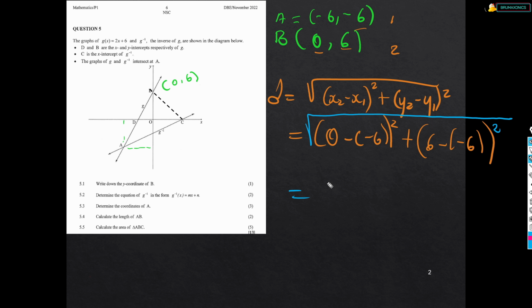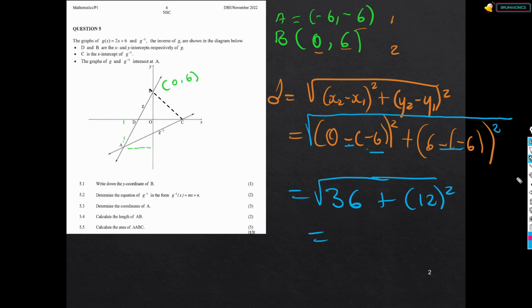Which is equal to this. So the first thing that we're going to do is multiply negative and negative, and we get positive. 6 squared will be 36, and then here negative and negative will be positive, and then we're going to have 12 squared.